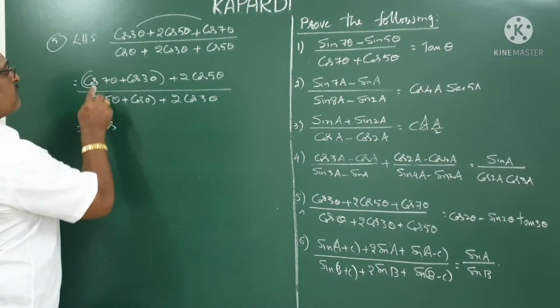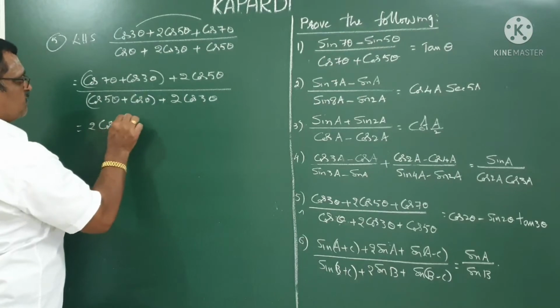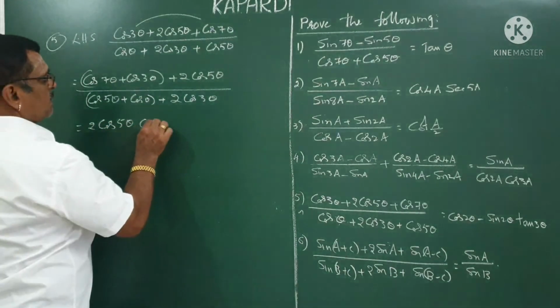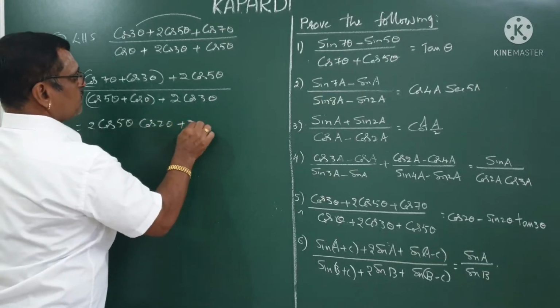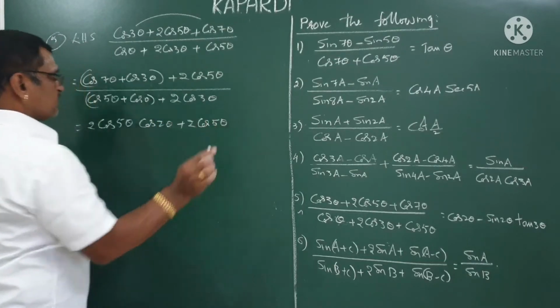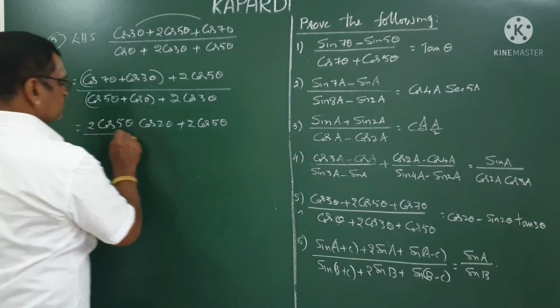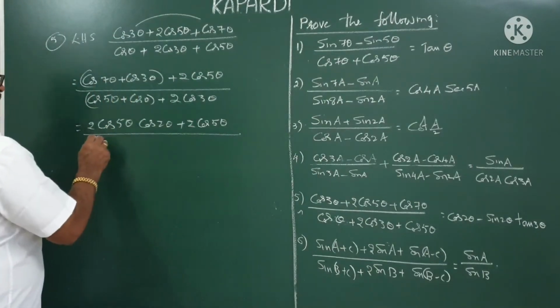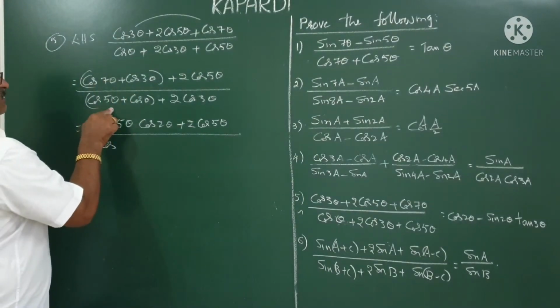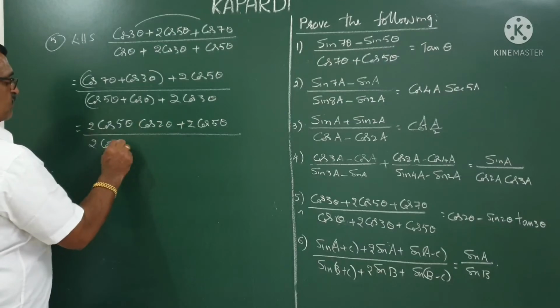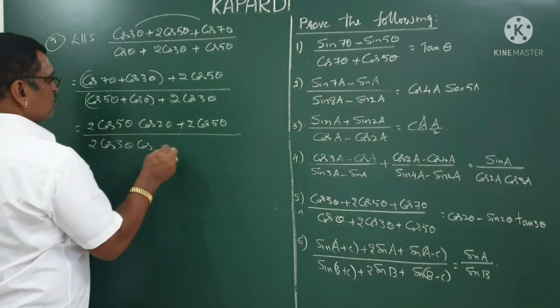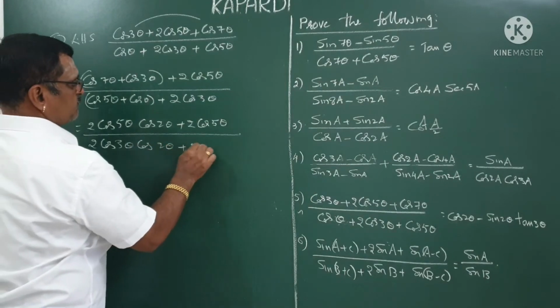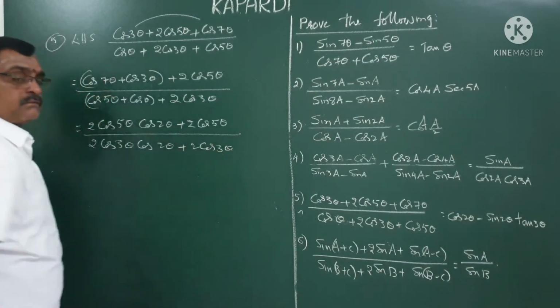Now for the first one, apply cos C plus cos D formula. You have 2 cos of 7 plus 3, 10 by 2, 5 theta and cos 7 minus 3, 4 by 2, 2 theta, 2 cos 5 theta as is. Next one, same thing, 2 cos of 5 plus 1, 6 by 2, 3 theta, cos 5 minus 1, 4 by 2, 2 theta, plus 2 cos 3 theta.